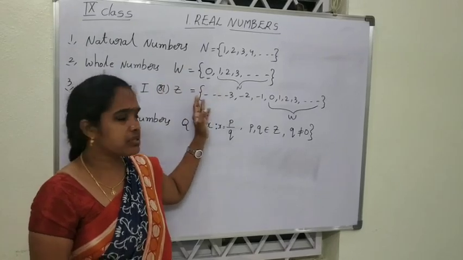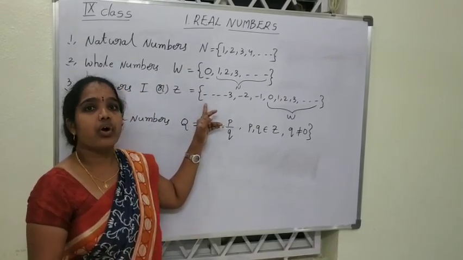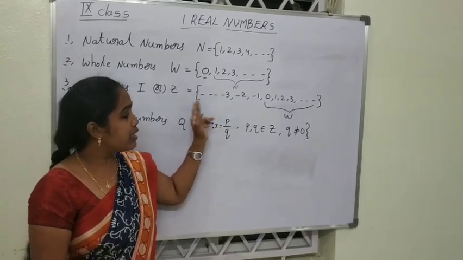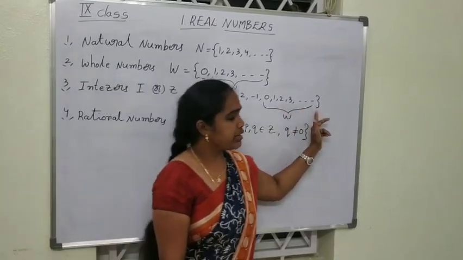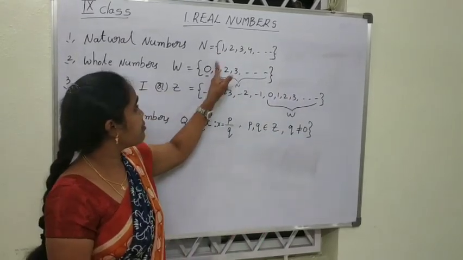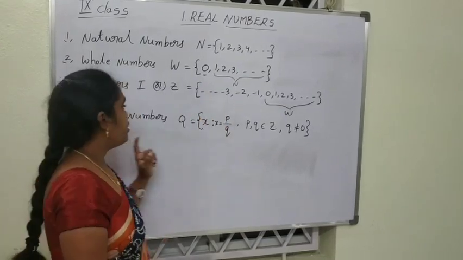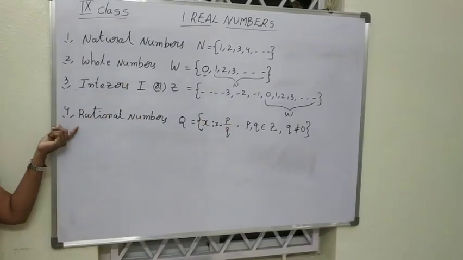It is a continuing process, so the least number is not defined, and the highest number is also not defined. But in whole numbers we can say the least number, and here we can't. Understood?